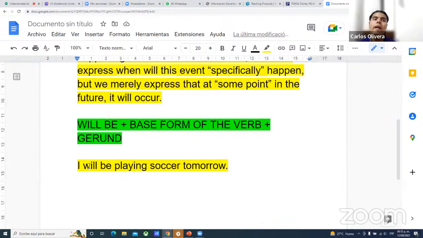So you have to decide what expression you would like to use. In this case, I tell you this is way more formal, right? For thesis or paper presentations, it's better to say we will be having the results in a month than saying we will have the results in a month, right?